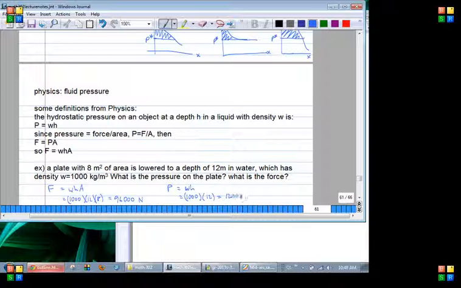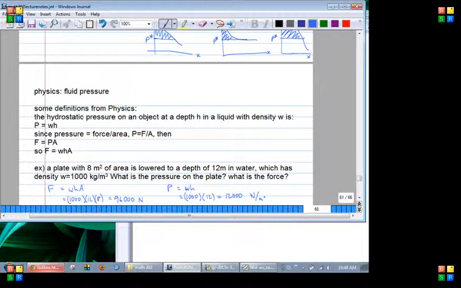This is 12,000. And it's force per area, so you could do newtons per square meter. I don't expect you to immediately see what the units are, but I'm filling in the units because I like to have them there. But as far as calculation goes, that's how you can find force, and that's how you can find pressure.